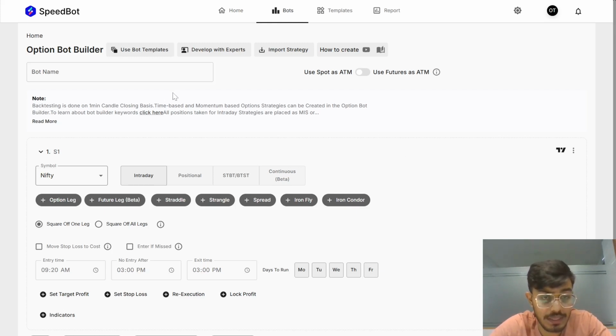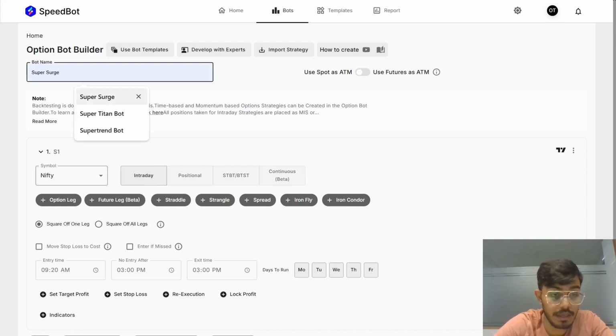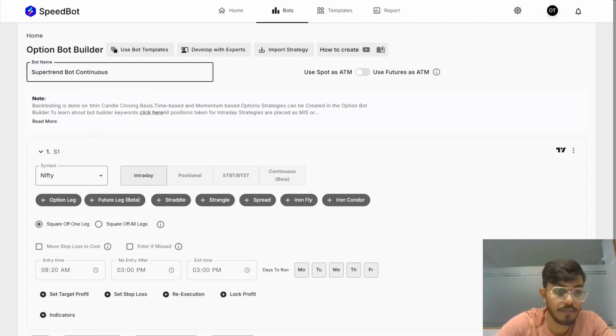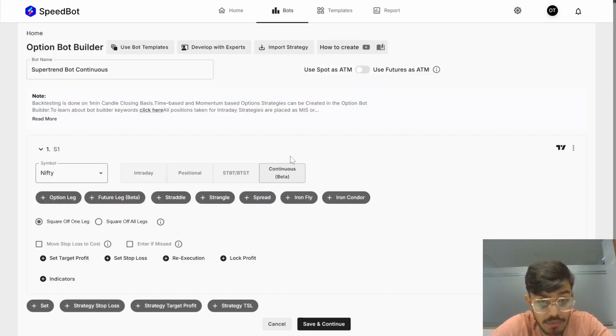Over here, as you can see, I have logged into my SpeedBot account and navigated to the option bot builder. I'll just keep it as Supertrend bot on continuous basis. Let's just keep it as Nifty. Instead of intraday, I would be selecting it as continuous.